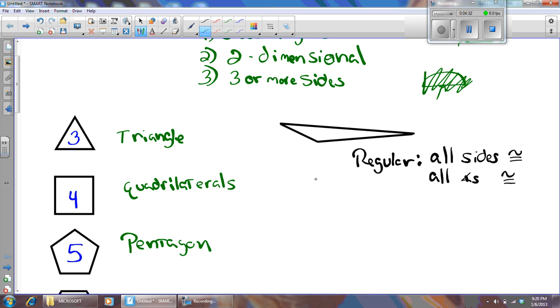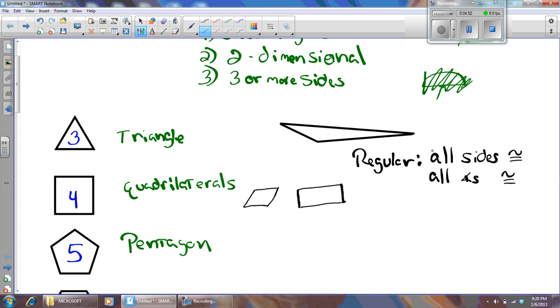regular. For example, I can draw a quadrilateral with 4 sides congruent. That is not regular. Okay, namely a rhombus. Or I could draw a quadrilateral with 4 congruent angles, namely a rectangle, but it's not regular.